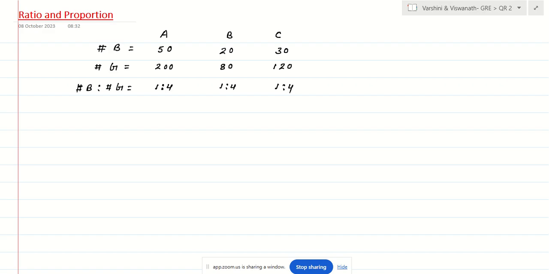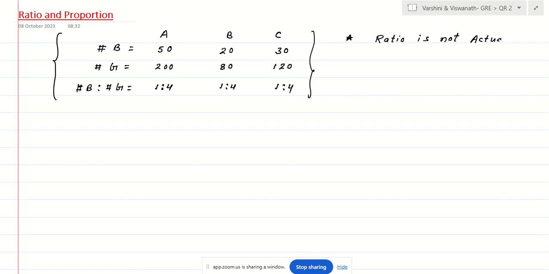Through this example, what do you understand the meaning of ratio? What is the first point? What is the meaning of ratio according to this example? The first point is ratio is not the actual value.